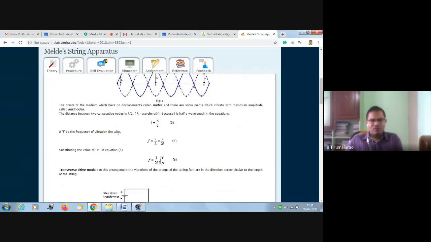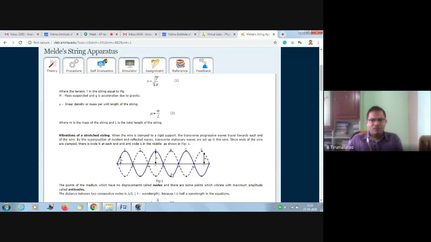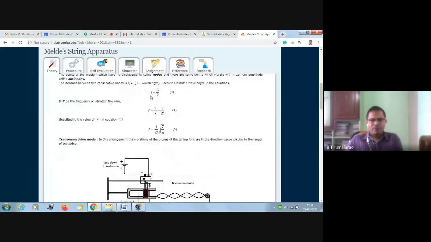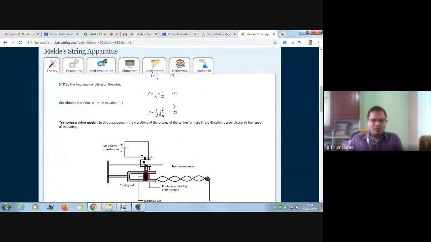f is the frequency of the vibrating wire. You can finally get the value f is equal to 1 by 2l square root of T by mu. So there is no need to derive this formula, just observe it. f is equal to 1 by 2l square root of T by mu.